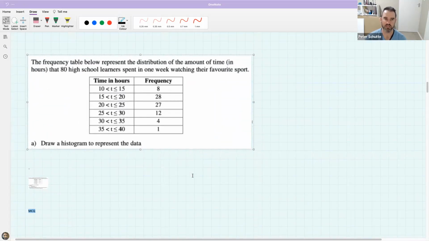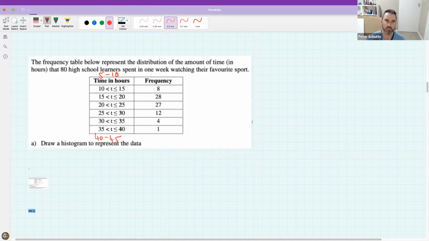The one thing I will say is, in order to have the frequency polygon, just add an extra interval afterwards and add an extra interval before, just so you can ground your frequency polygon. So over to you guys.